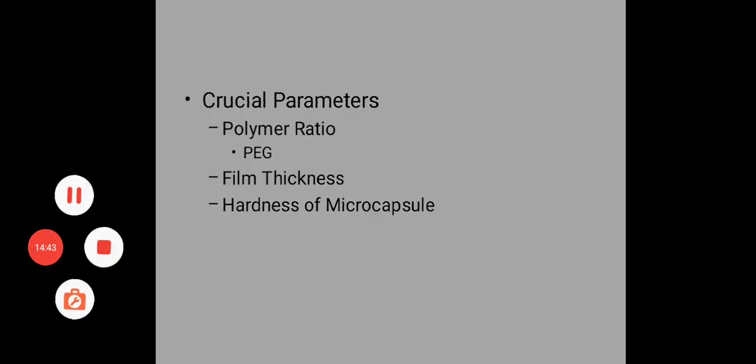As you know, as the polymer concentration increases, obviously it may limit the permeation of the drug molecules. Now, the speciality of this polymer membrane, as we discussed, is that it is porous in nature.